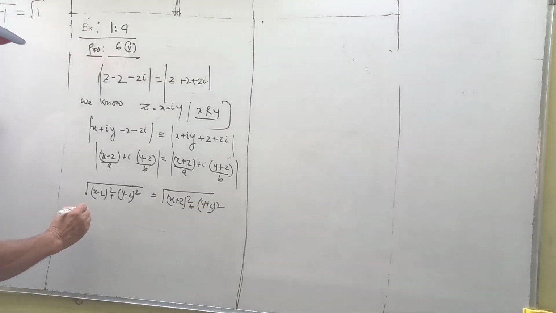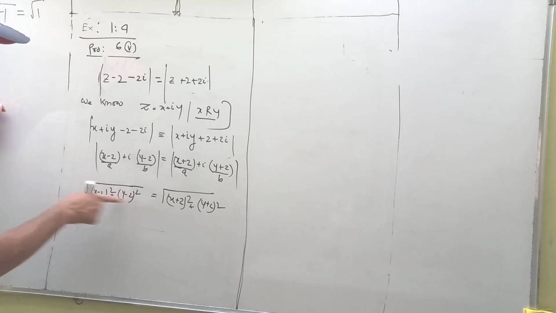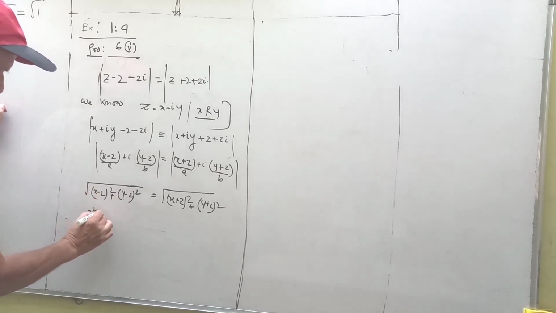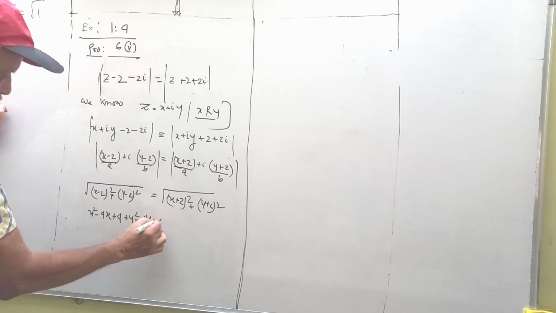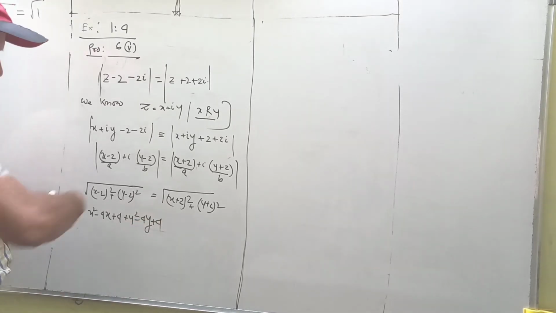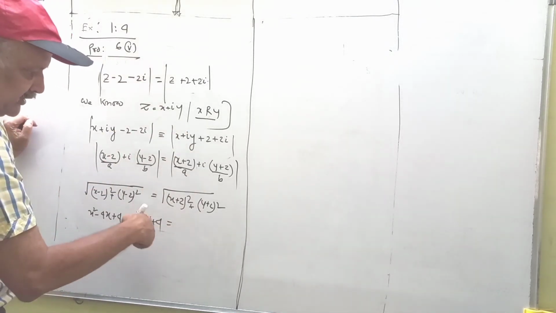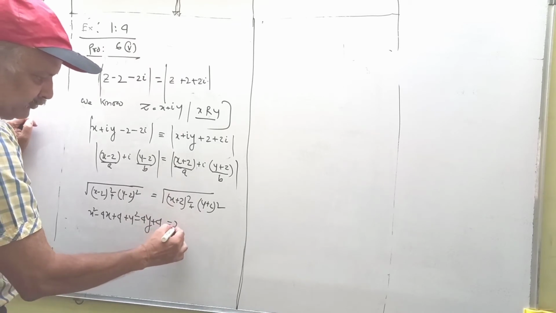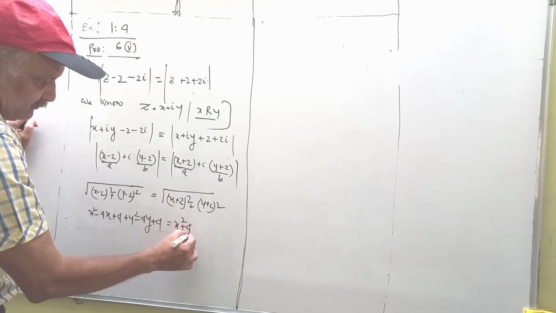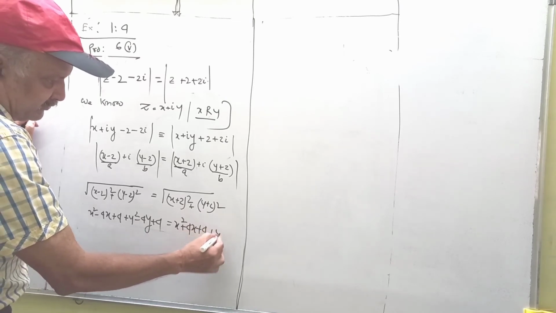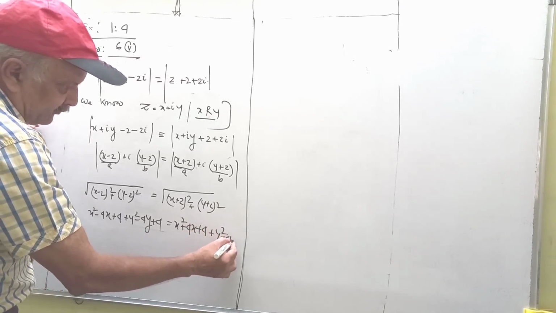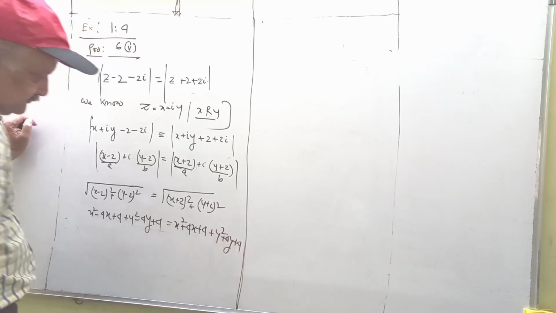Now squaring both sides and simplifying the inner part: x square minus 4x plus 4, y square minus 4y plus 4. The square root vanished. After squaring, one step more: x square plus 4x plus 4 plus y square plus 4y plus 4.